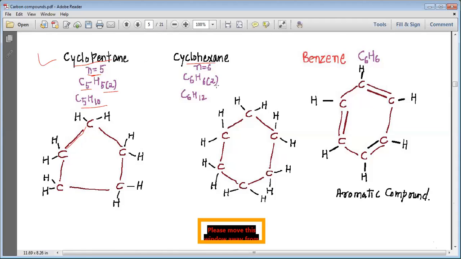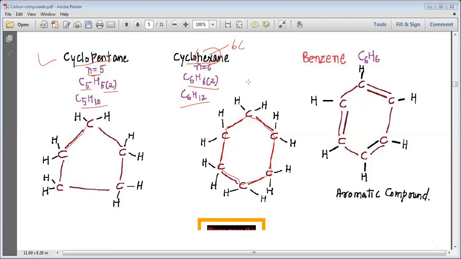Now, my dear students, we have cyclohexane. In cyclohexane, hex represents 6 carbons. Cyclohexane has the formula C6H6 into 2, that gives us C6H12. You can see a ring here, and this is how we understand cyclohexane.